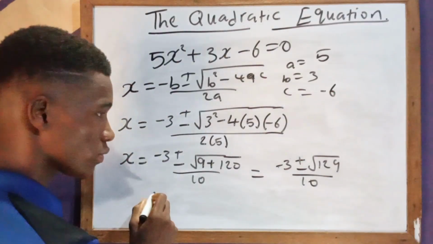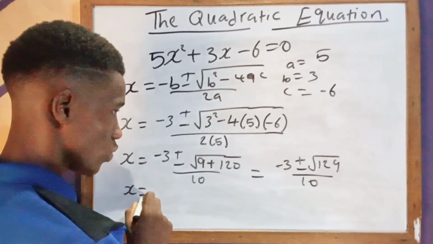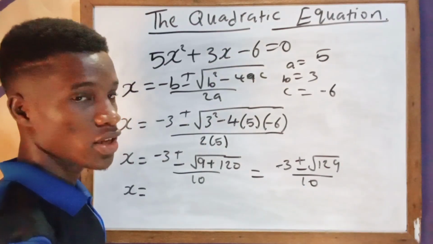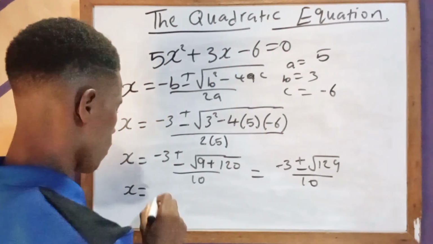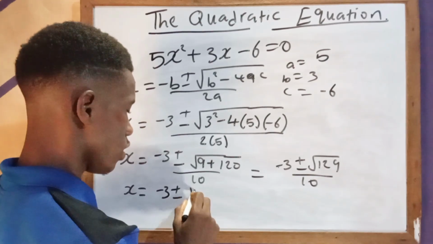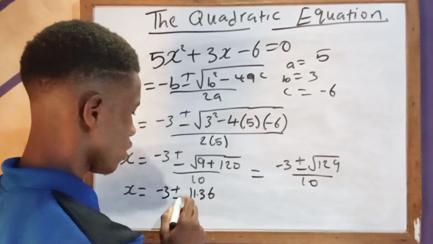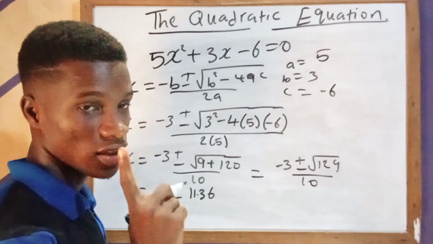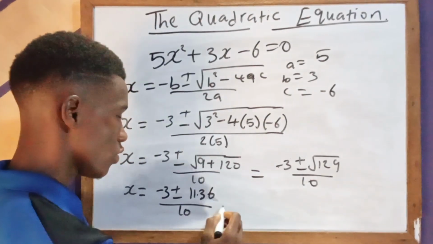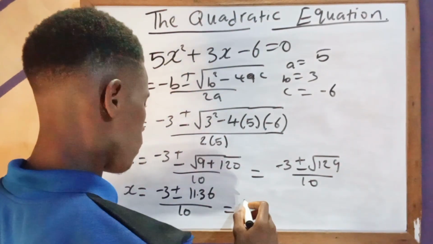So that x is equal to, square root of 129 is 11.36. So we have minus 3 plus or minus 11.36.